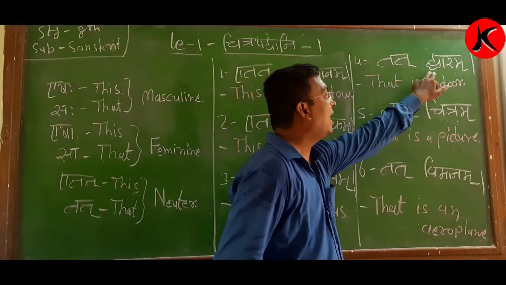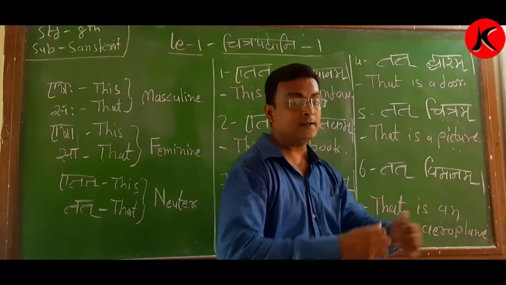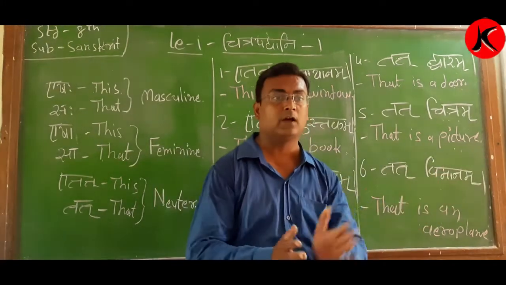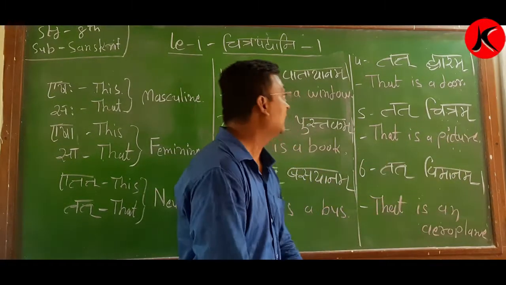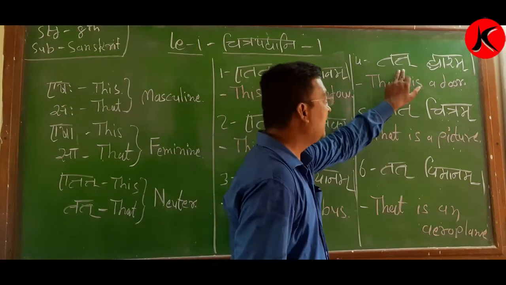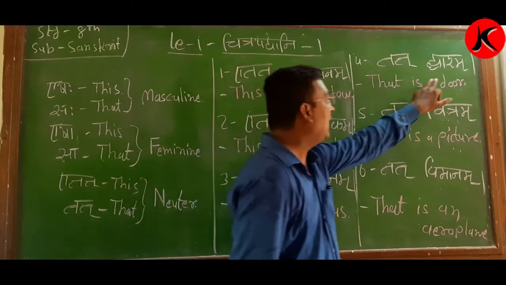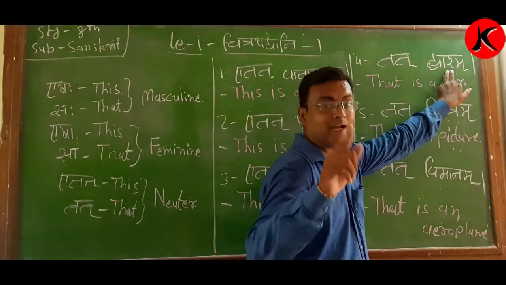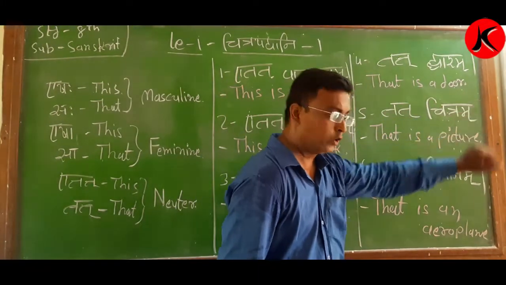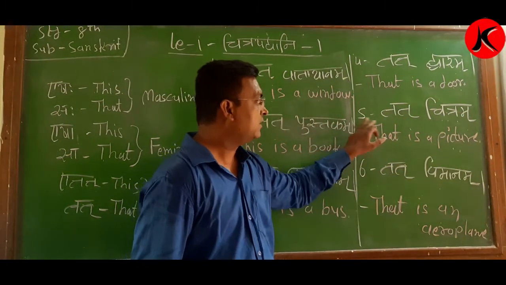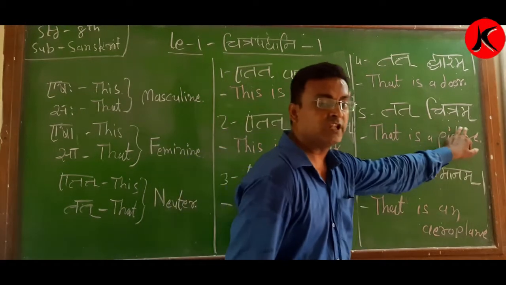Tata dwaram. Dwaram, that means door, दरवाजो. अपना घर का जो दरवाजो है, हमारे घर का जो दरवाजा होता है उसकी बात है. Tata means that and dwaram, that means door. This is a door. Fifth one, tata chitram.